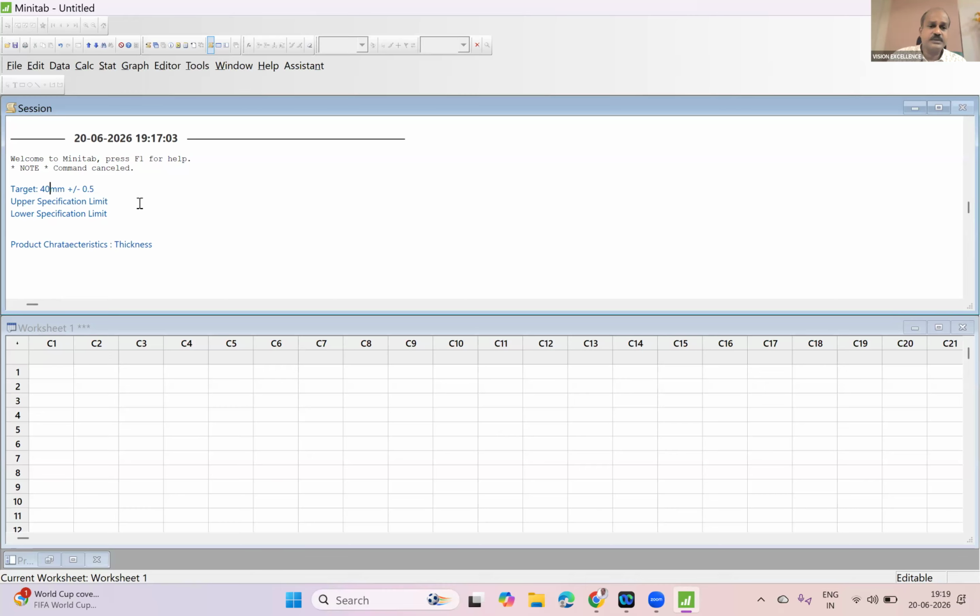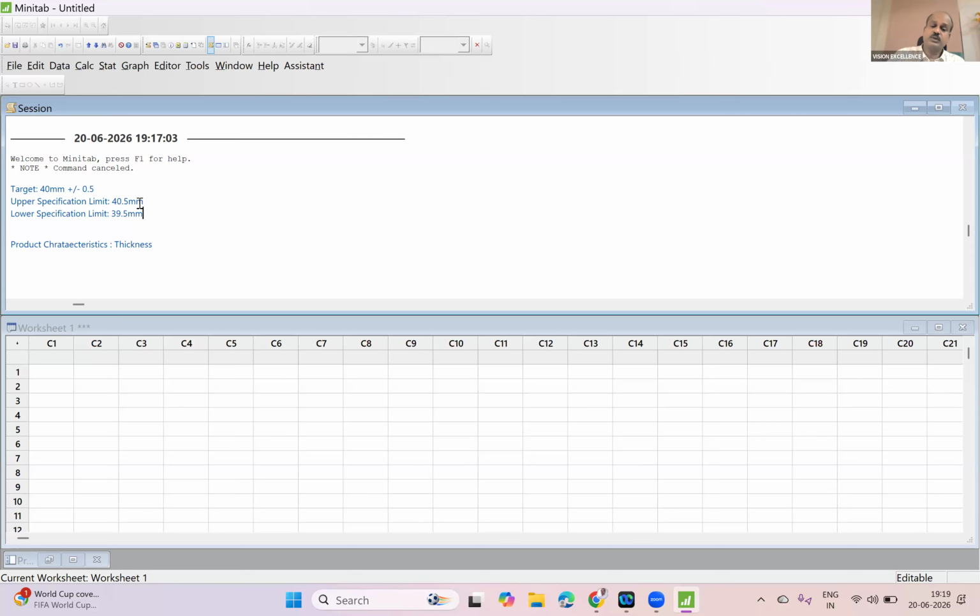That means the upper specification limit is 40.5 and the lower is 39.5. So you need to understand that parts with dimensions closer to 40 are really good quality products, but parts with dimensions closer to the specification limits are poor quality products.